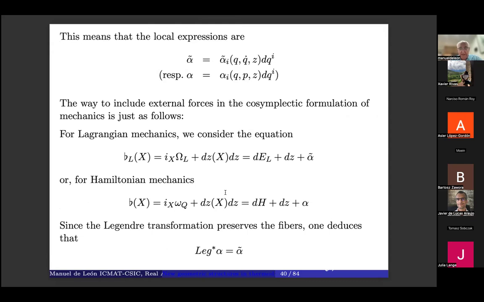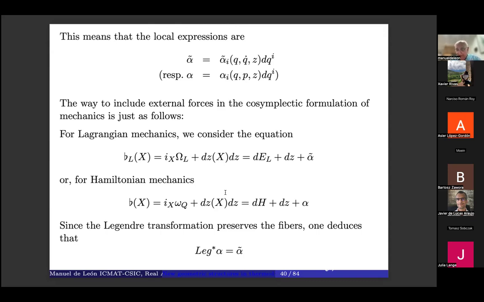So if you have, for instance, the cosymplectic formulation, and we add a semi-basic form, apart from the differential of the energy and the d zeta, we have to put this force in the equation.